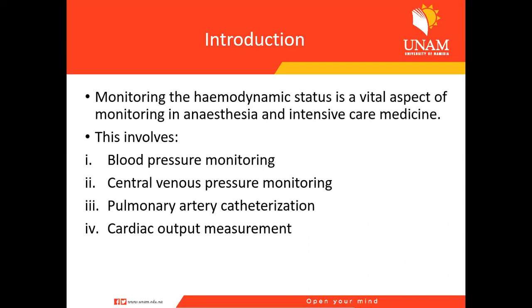So hemodynamic monitoring is a vital aspect of monitoring in anesthesia and critical care, like I mentioned, and it involves monitoring the blood pressure, the central venous pressure, pulmonary artery occlusion pressure, pulmonary capillary wedge pressure, and we look at cardiac output measurement. These are the common components of hemodynamic monitoring.